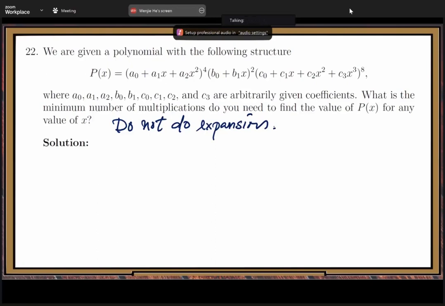Because if you do the expansion, you will have too many terms. You will work on too many terms, so you will break the nice structure. You need to keep the structure.